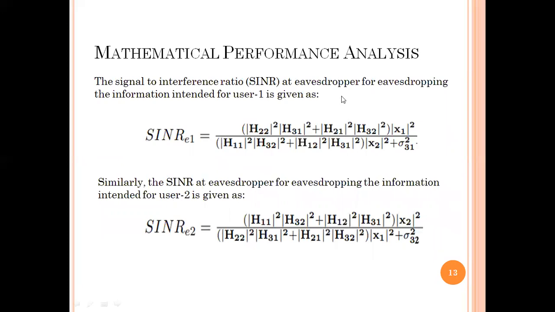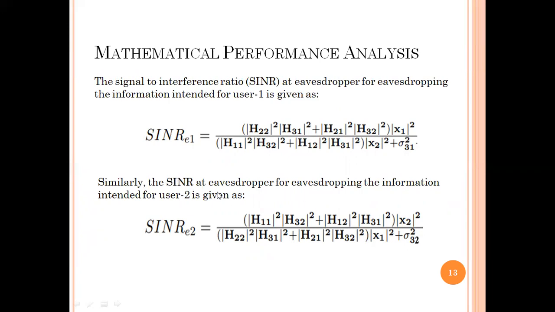The mathematical performance analysis of the signal to interference plus noise ratio is provided in the equations through the formula as follows, where we can easily see that there is a degradation in the signal to interference plus noise ratio at the eavesdropper.